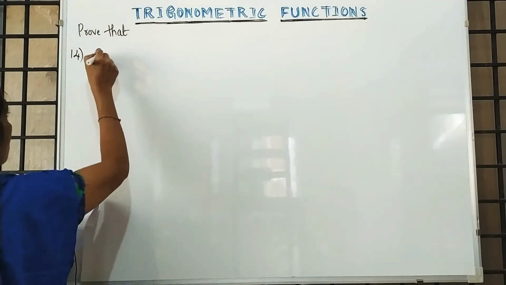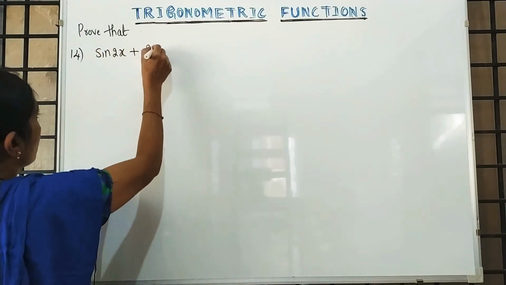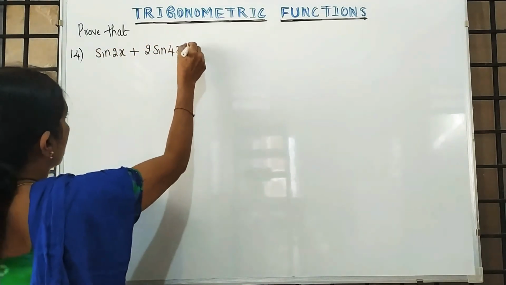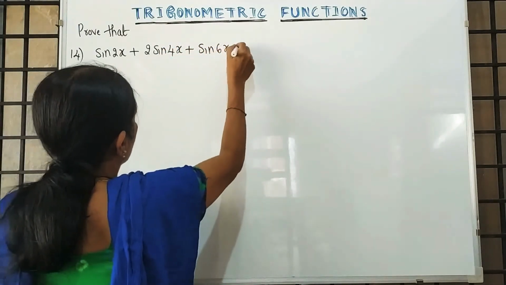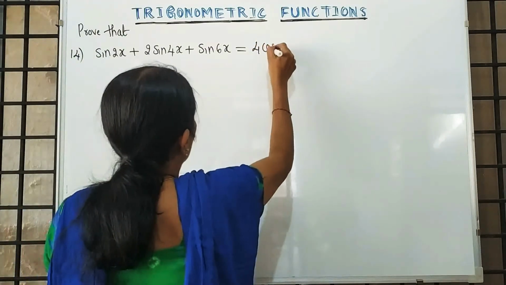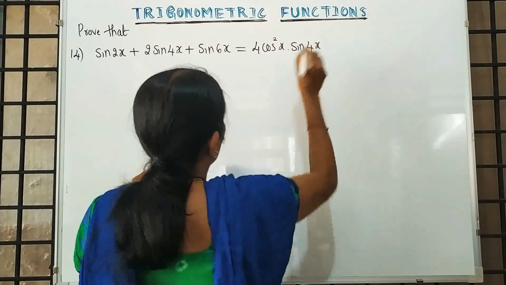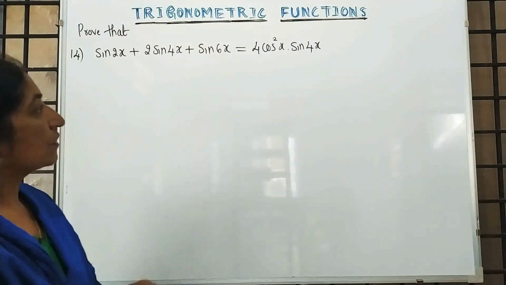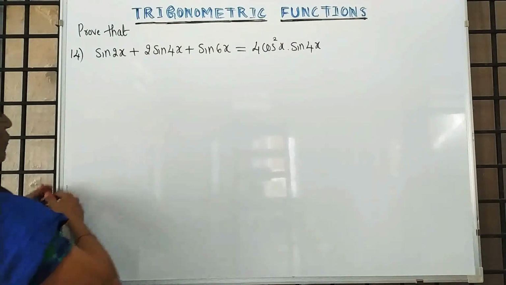14. Sin 2x plus 2 sin 4x plus sin 6x is equal to 4 cos square x into sin 4x. So write the LHS. See, directly we cannot apply the formula for the first and the second.